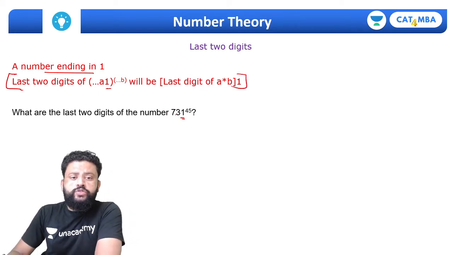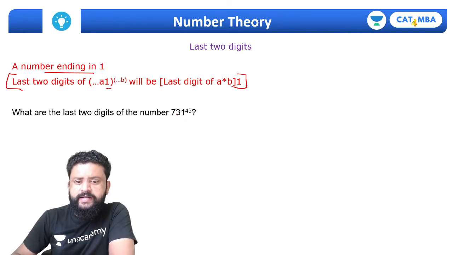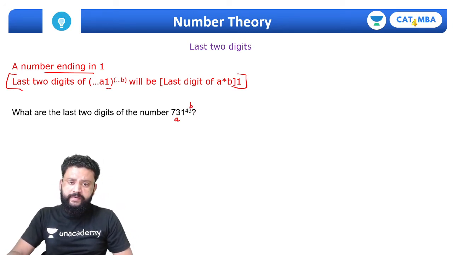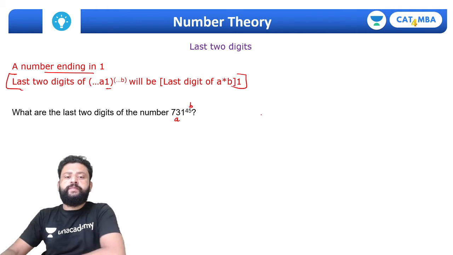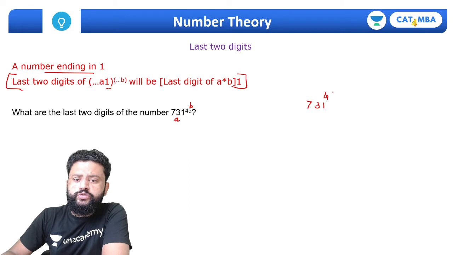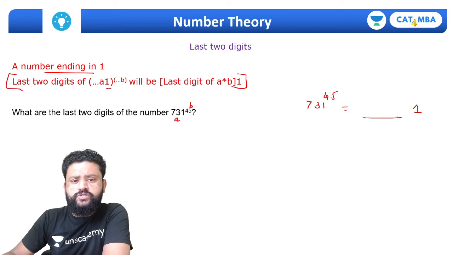Okay, so पहले क्या करना है, यहाँ पे base का tens place digit is A, and power का units place digit is B. This is the value of AB. So surely 731 to the power 45, इसका last digit अगर मैं पूछूंगा तो तुम बता सकते हो, last digit तो 1 ही रहेगा. जस्ट मैं पूछ रहा हूं last 2 digits क्या आएंगे.